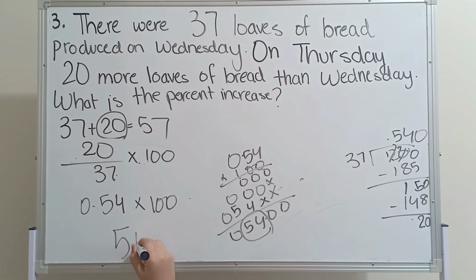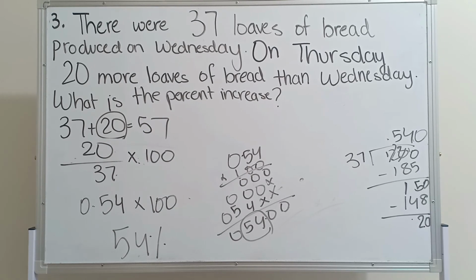So our answer is the percent increase is 54%. So 20 of 37 is 54 point something percent of 37, and then we multiply by 100 and we get the percent increase.